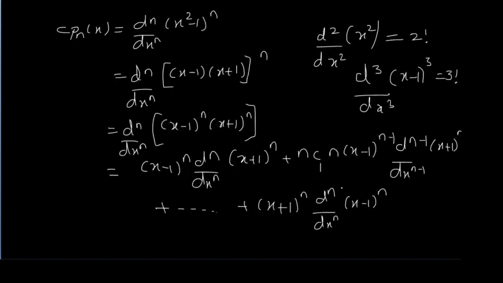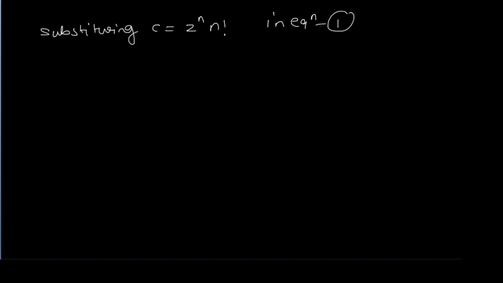So now what we get? So we get, substituting C value, that is C is equal to 2 raised to n into n factorial in equation 1.